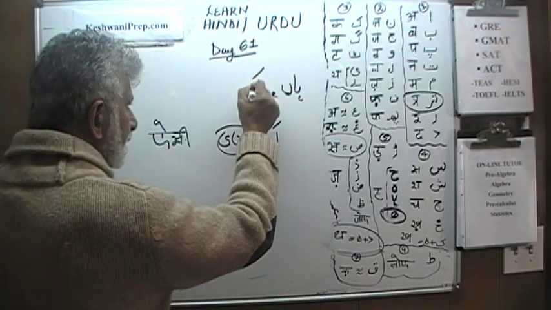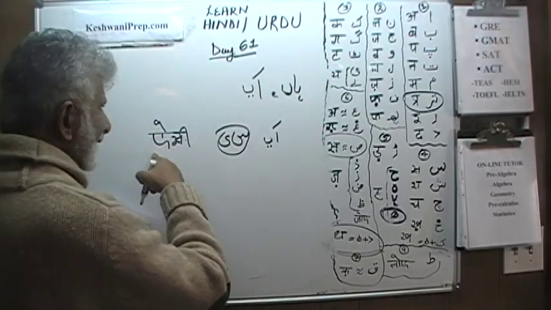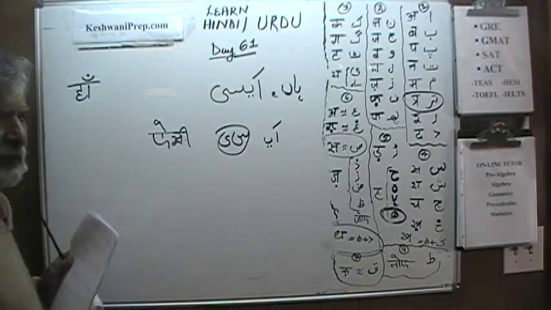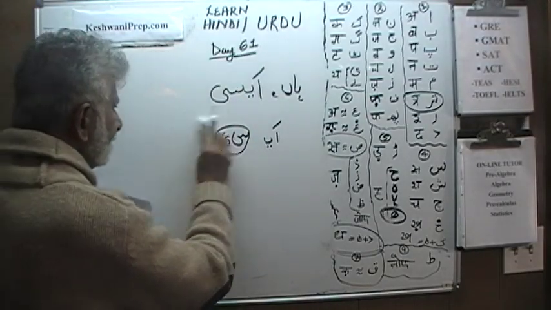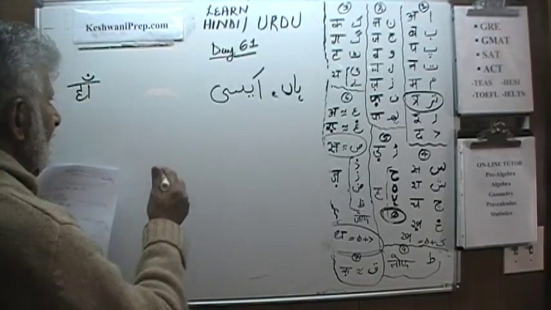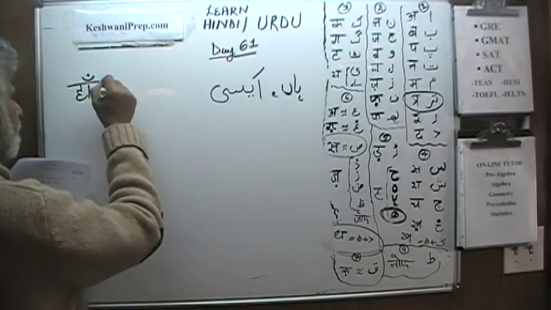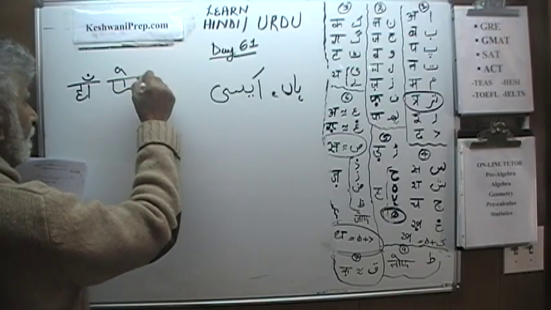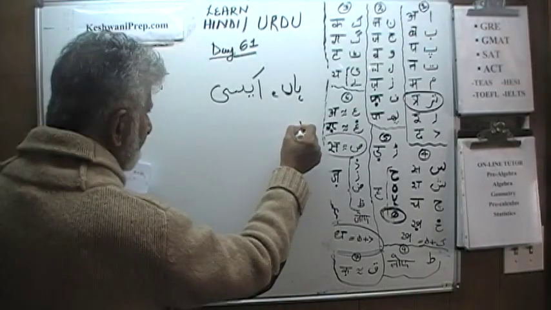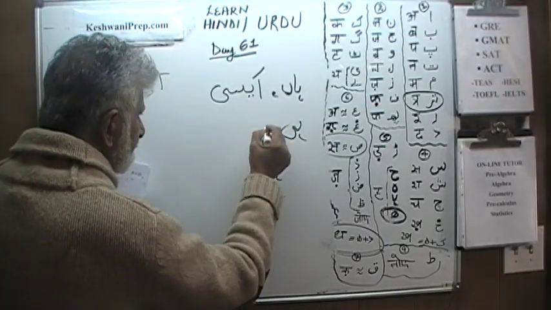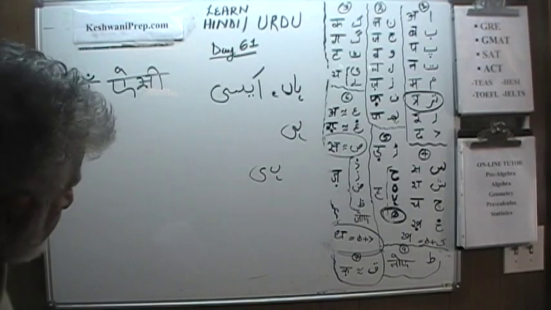Alif with a zabar and a ye, all of that is A, and then a sa and a choti A. Ha, AC, he. He is just a ha with a choti A. Let me rewrite it.